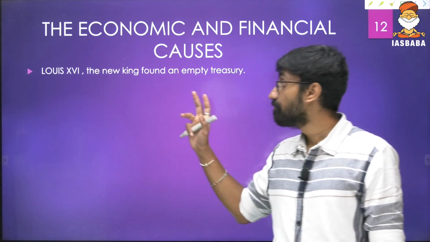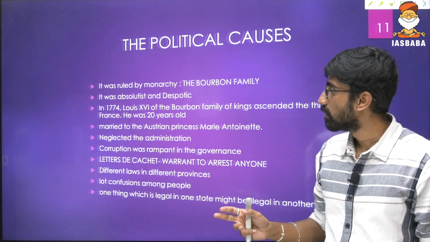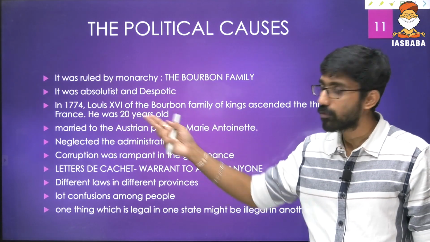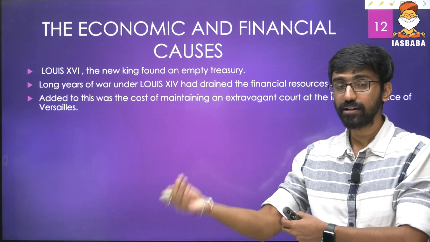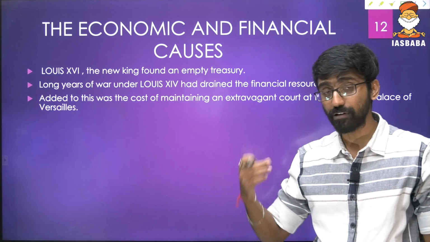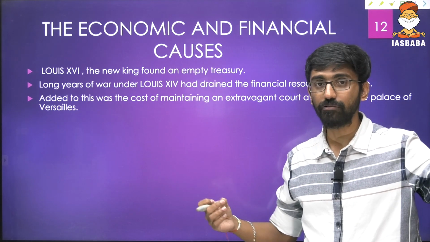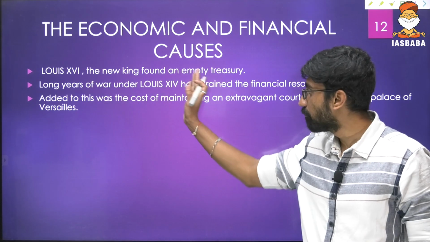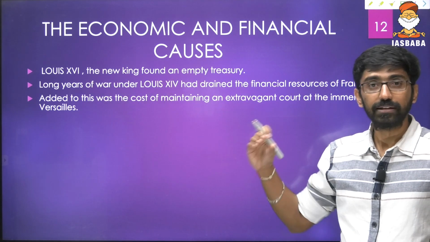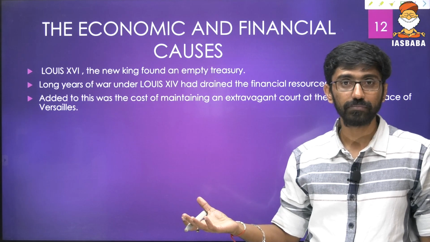Louis XVI, so he was the king. I told you he came to power in 1774. So he found an empty treasury. Why did he find an empty treasury? In spite of the empty treasury, he was living a luxurious life. But I'm coming to why the empty treasury. Because previous rulers like Louis XIV and Louis XV engaged in many wars.